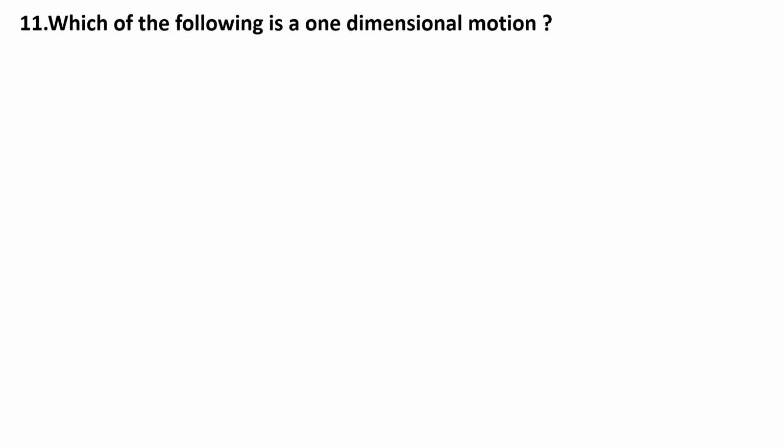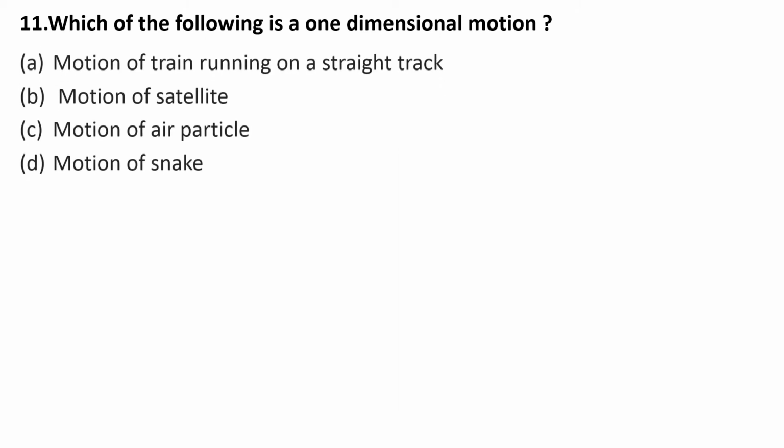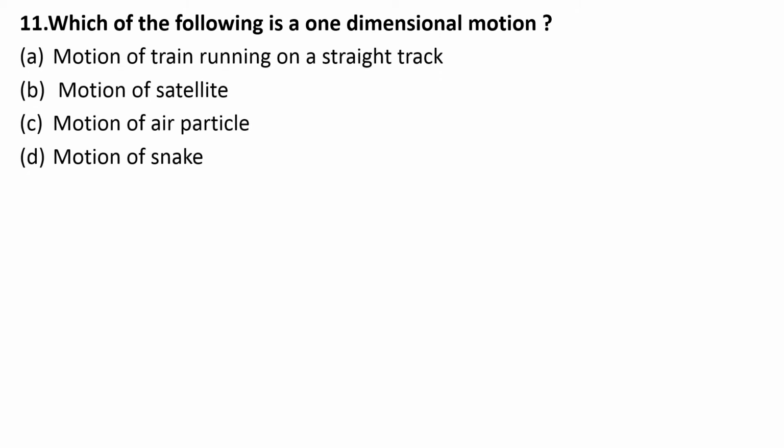Next, 11th question. Which of the following is a one-dimensional motion? Options are A, motion of train running on a straight track. Option B, motion of satellite. Option C, motion of air particle.